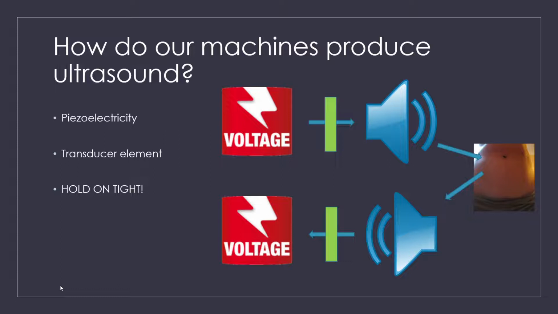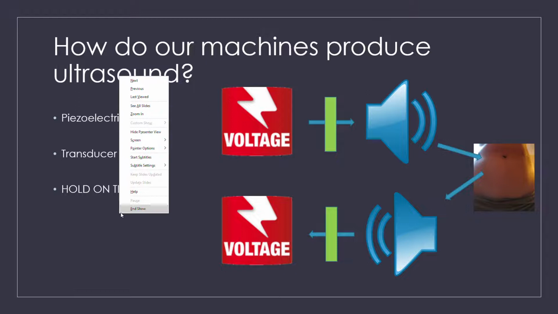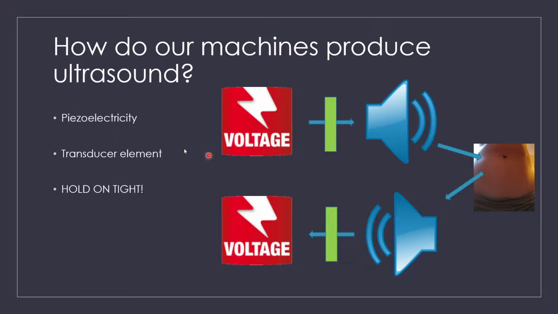So, lots of complicated theories, but I'm going to get my pointer here. Essentially what happens in our machine is the electricity goes into our transducer. We're going to pretend the green here are the little crystals inside our transducer.